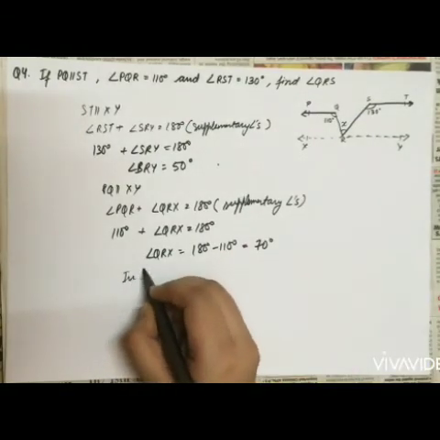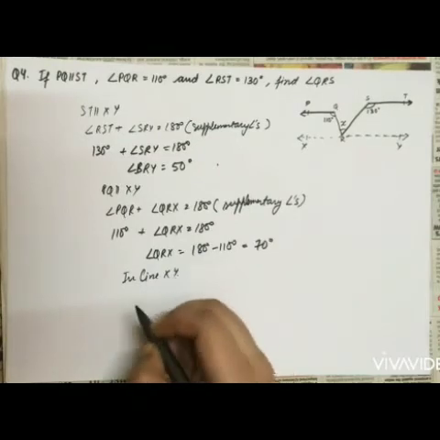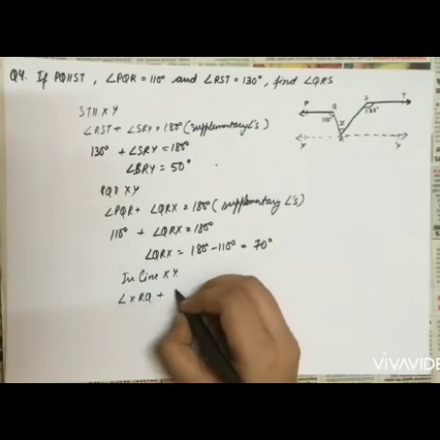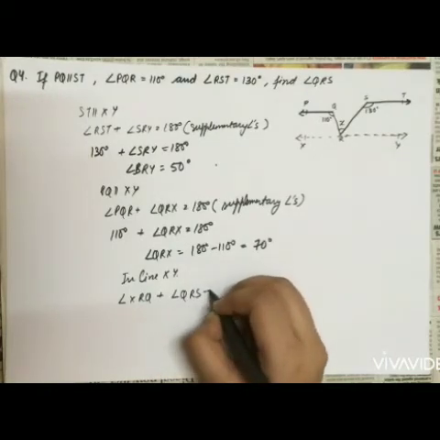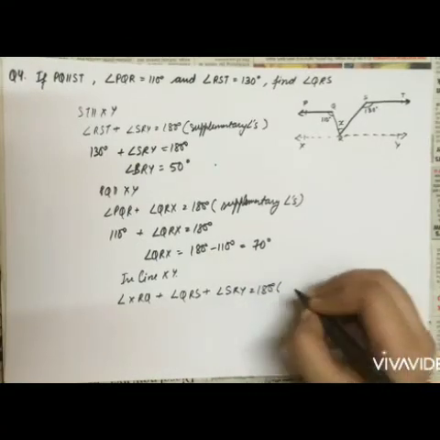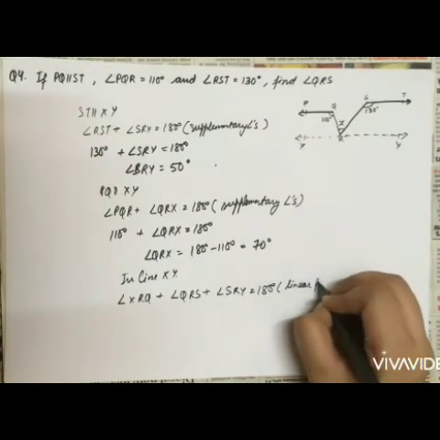Now in line XY, angle XRQ plus angle QRS plus angle SRY is equal to 180 degree because of linear pair of angles.